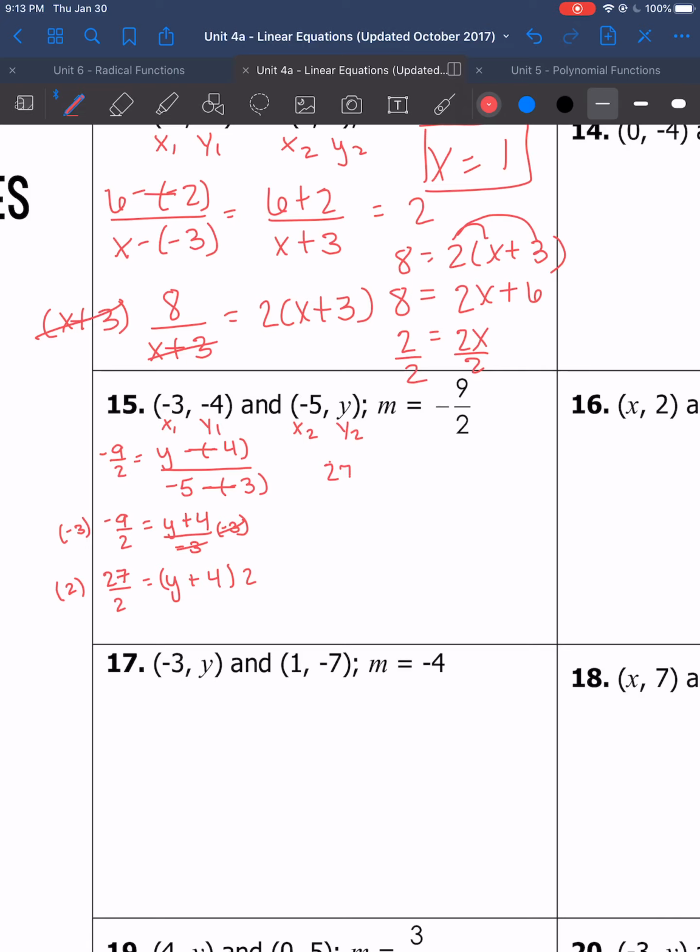So 27 equals 2 times y plus 4. I distribute my 2, so I get 2y plus 8 equals 27. Subtract 8. 2y equals 27 minus 8, which is 19. And divide by 2. So y is 19 over 2.